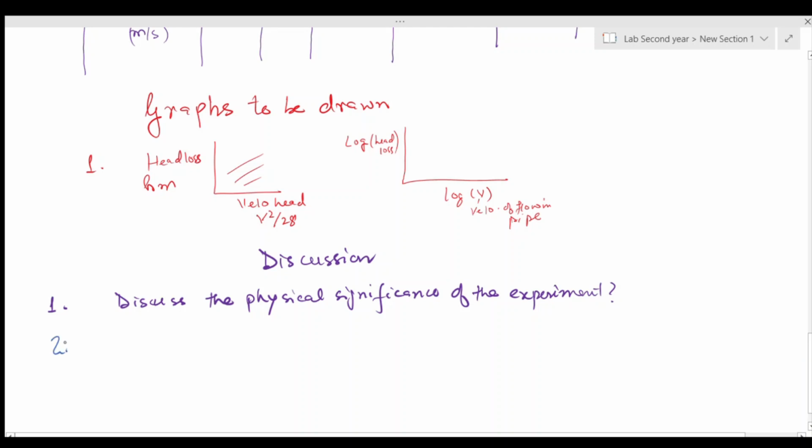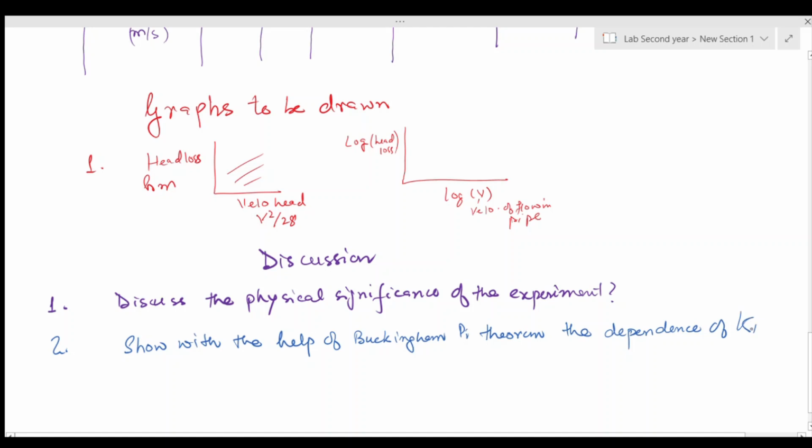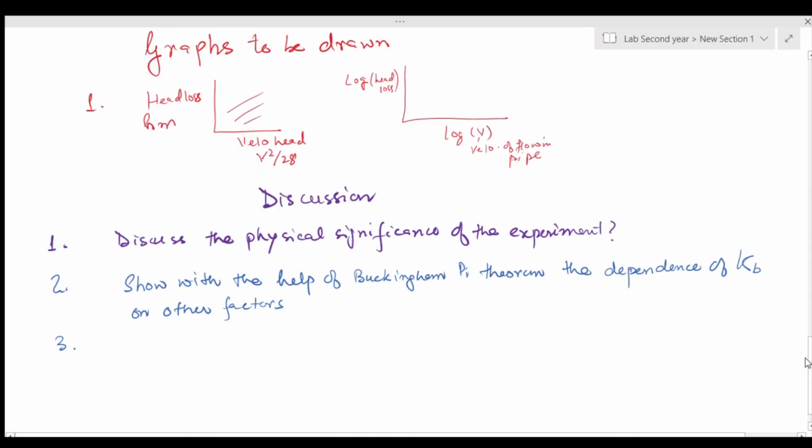Second and very important part, show with the help of Buckingham Pi theorem the dependence of bend coefficient on other factors, just like we did for sudden expansion and contraction.